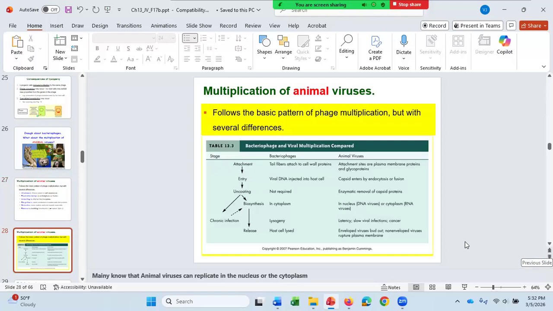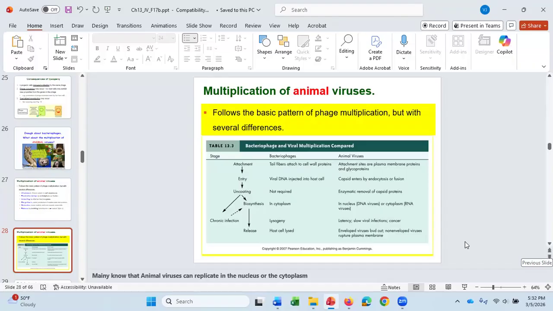Multiplication of animal viruses follows the same pattern of bacteriophage multiplication, but there are several differences. The main difference is an animal virus can replicate either in the nucleus or in the cytoplasm, but a bacteriophage can only replicate in the cytoplasm. And why is that?